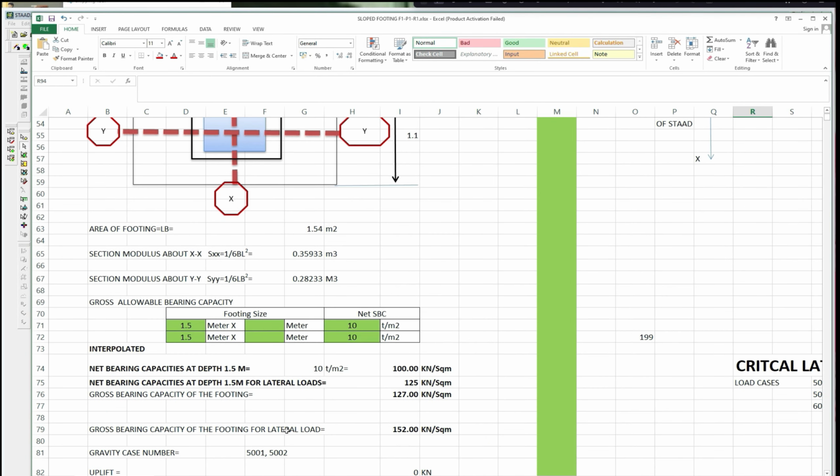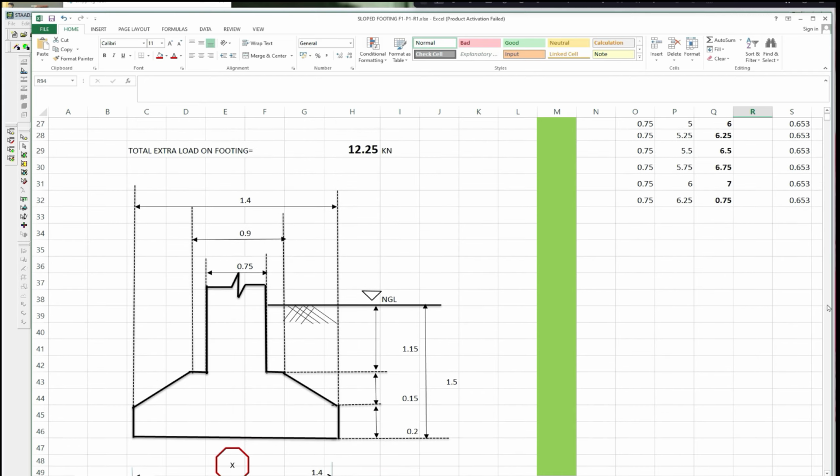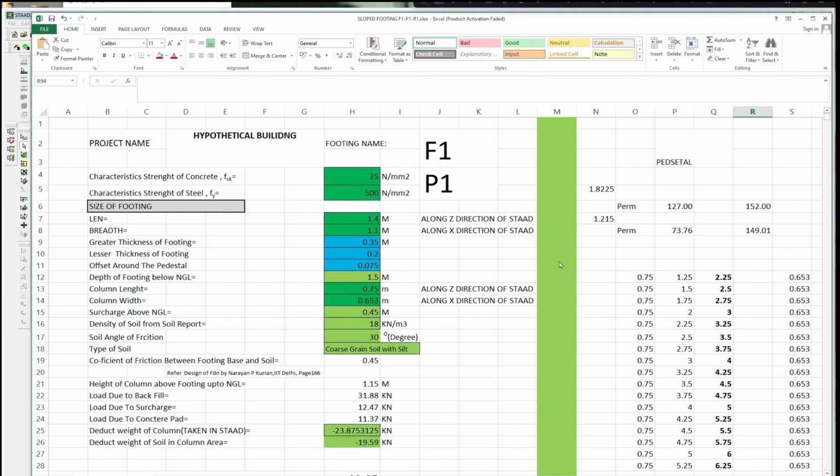So we can change the values in the Excel sheet. Here there is not much change because 0.35 is very less and 0.2, but still for checking sake you can try and see what is happening.